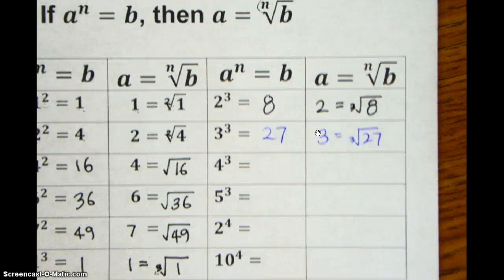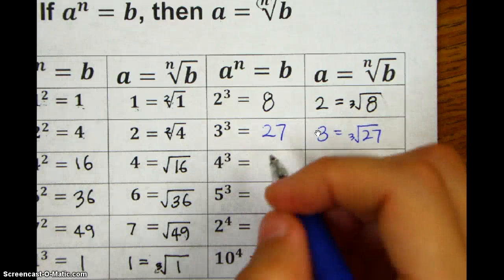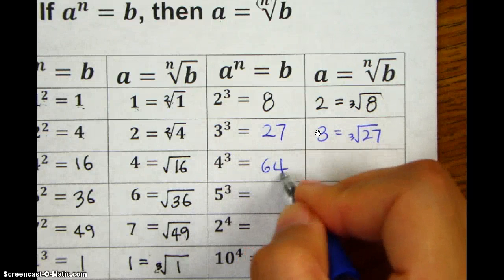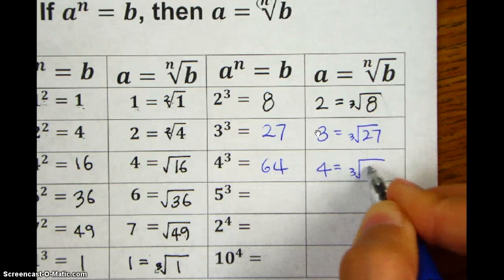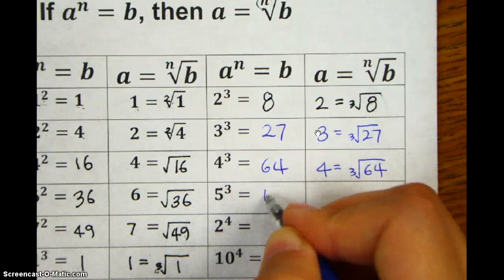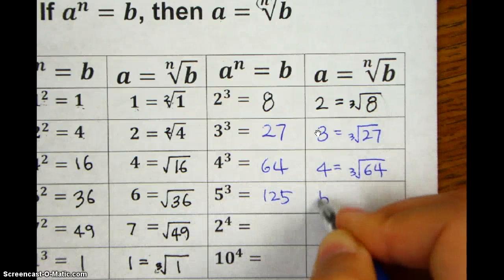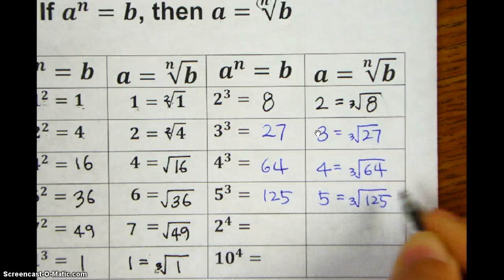So I want you to be familiar with this kind of notation. 4 cubed is 64, so that means 4 is the cube root of 64. 5 to the third is 125. 5 is the cube root of 125.